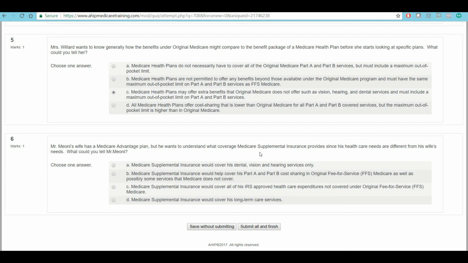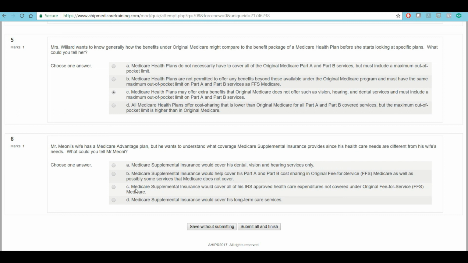Tell him Medicare supplement insurance would cover his dental, vision, and hearing services only. That's not true. B, Medicare supplement insurance would help cover his Part A and Part B cost sharing in original fee-for-service Medicare, as well as possibly some services that Medicare does not cover. That sounds like a good possibility. Let's just whittle it down.